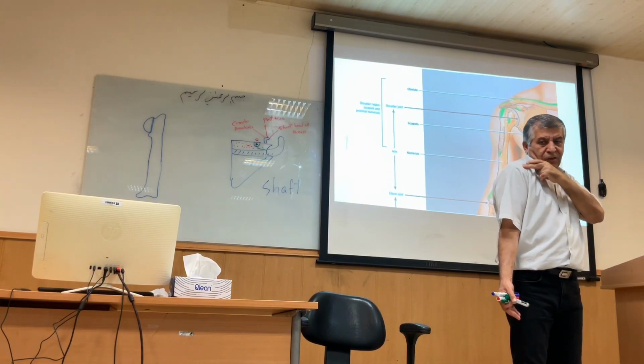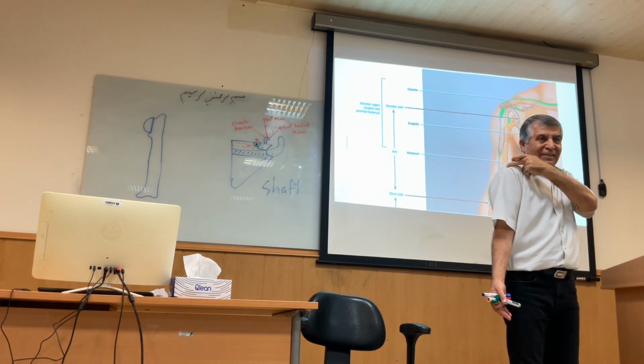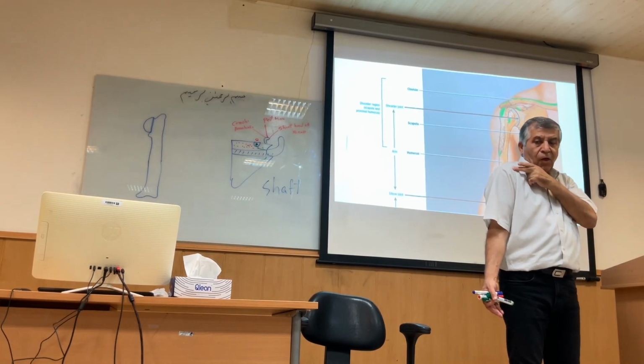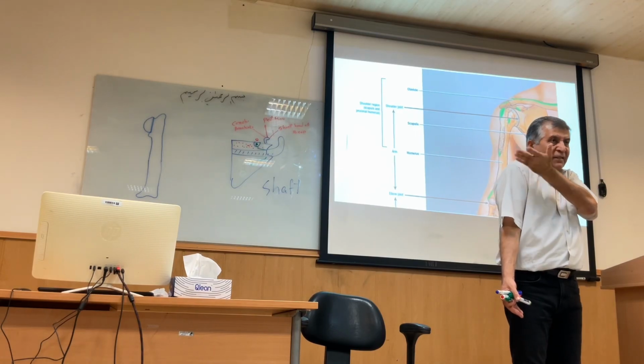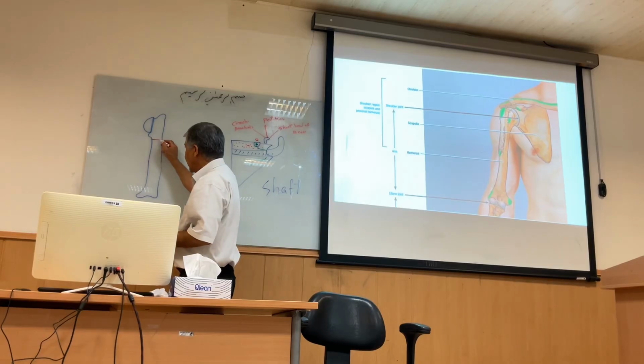Anteriorly, you can touch the lesser tubercle. Greater is lateral, lesser is anterior. Okay? Below greater and lesser, you can see a special area.